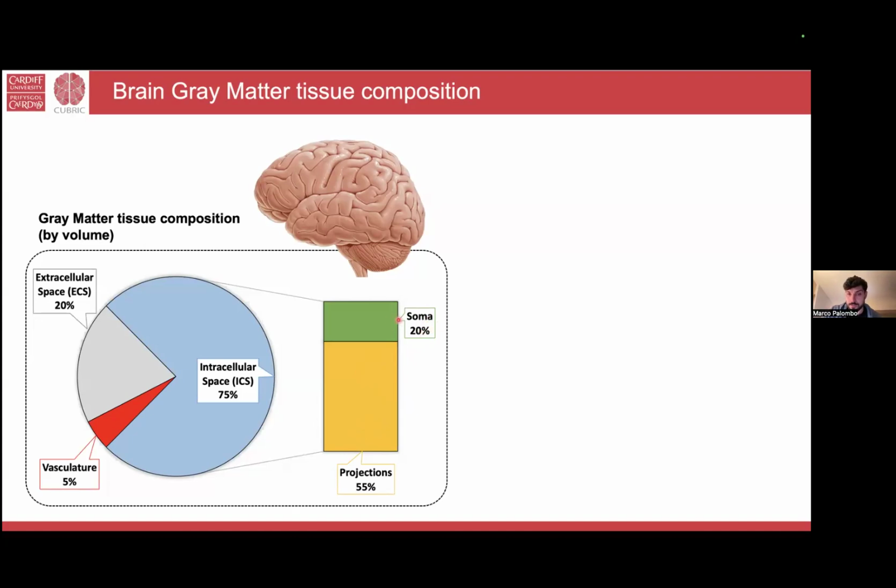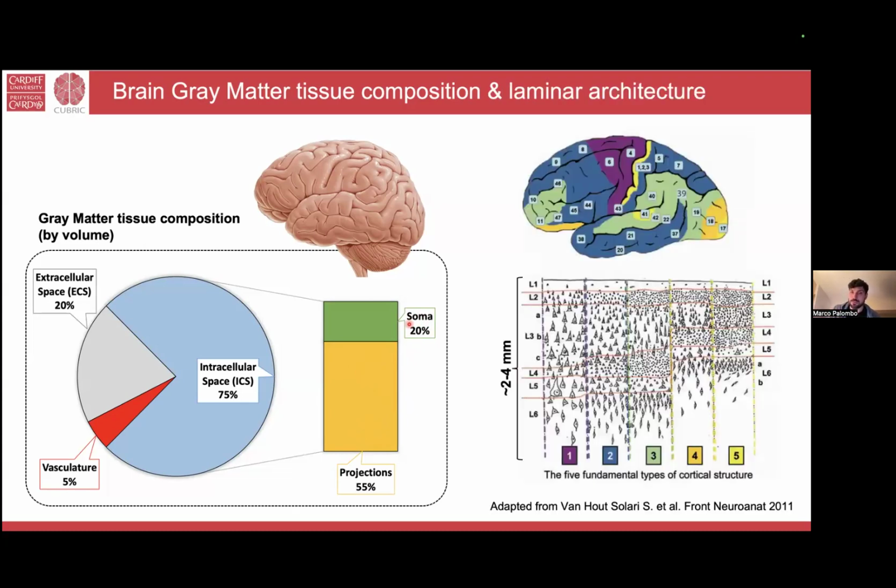Although a non-negligible part of this volume is occupied by the cell bodies of all these cells that we generally call soma. And these cell bodies organize in a very structured fashion along the cortical columns. And in the different areas of the cortex, they have a very different laminar architecture, the so-called laminar architecture.